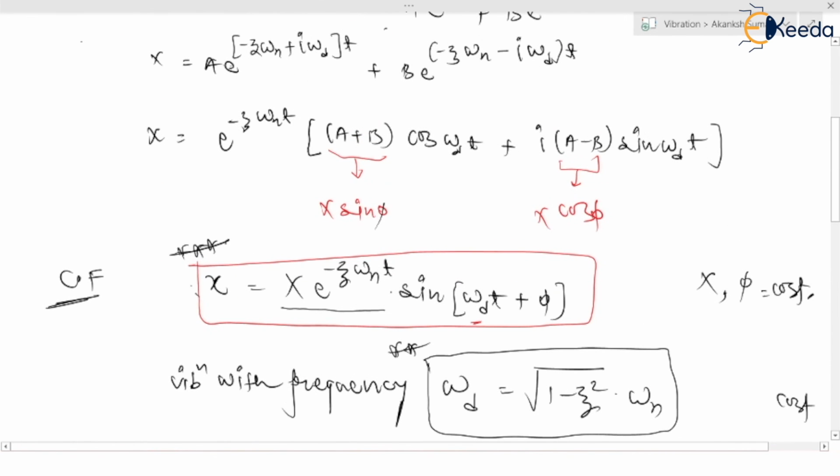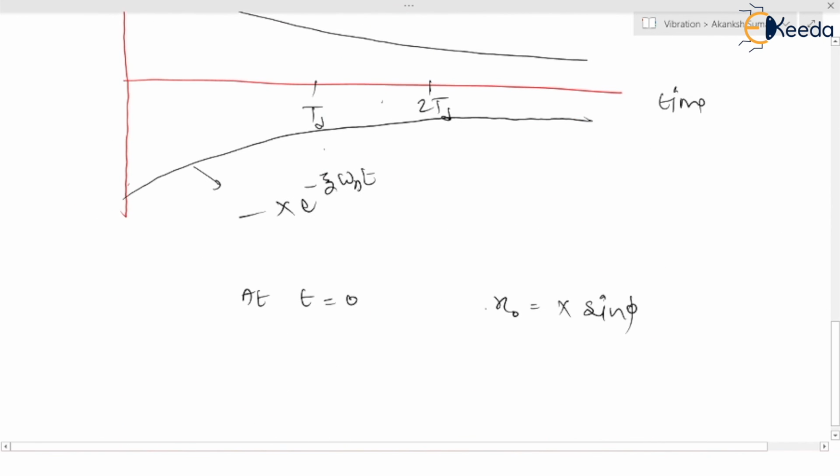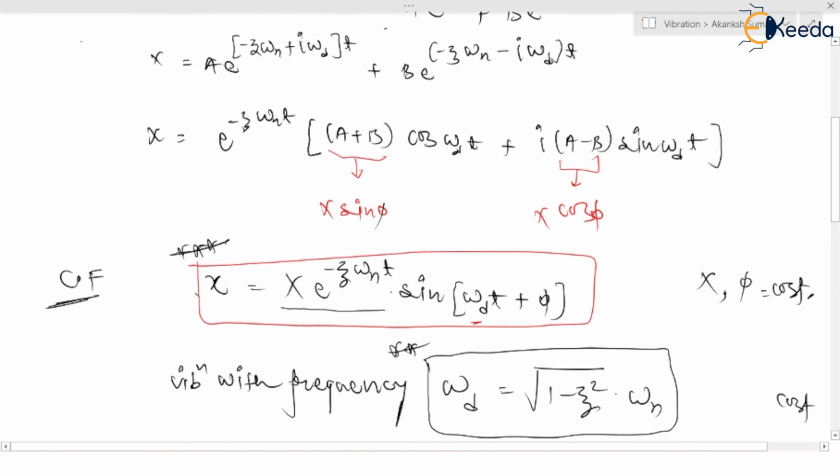We know that at t equals 0, the exponent will become 0, and e to the power 0 is 1. So only capital X will be there, and x naught is equal to X multiplied by sin phi. So we just have to put the values in this equation. Basically you can write it as equation number 1.